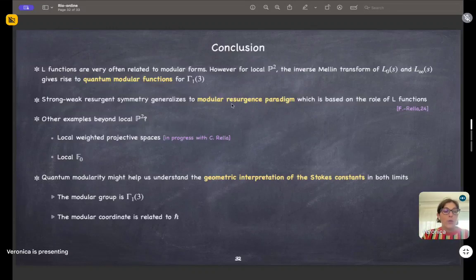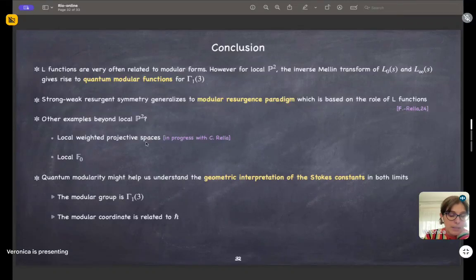And the example of local P2, where we have seen the more complicated diagram with the strong and weak resurgence symmetry, is in fact an example of this modular resurgent paradigm. We are studying other examples of Calabi Yau threefolds, in which we would expect to see this strong weak symmetry, the new L function that satisfies this type of duality.